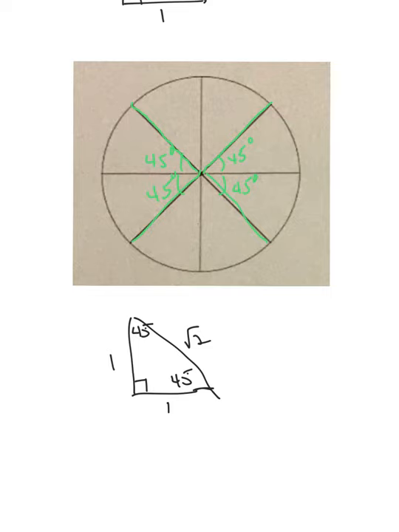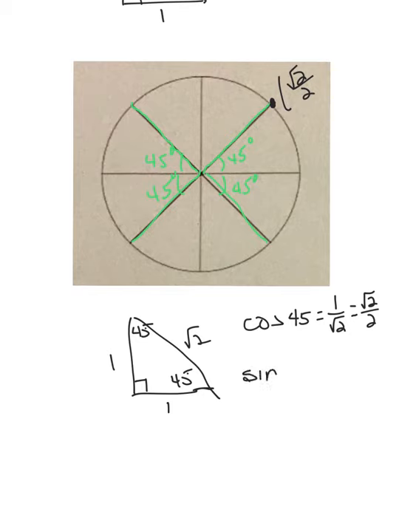And if we do the cosine of 45 degrees, adjacent over hypotenuse, we get 1 over square root of 2, which we rationalize to be the square root of 2 over 2. So that means that the x-coordinate for this point is the cosine, which is square root of 2 over 2.